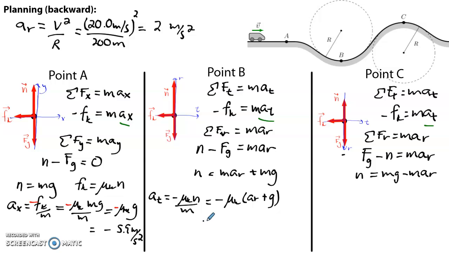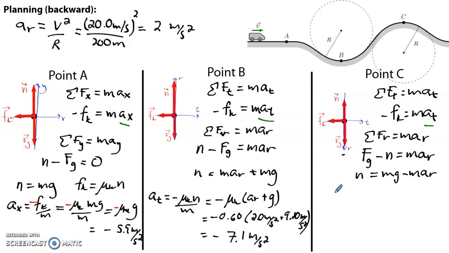So the only difference with the calculations that we did before is that we'll have minus 0.60 times 2 meters per second squared plus the 9.80 meters per second squared. So when we do the math for this one, we get the value of minus 7.1 meters per second squared.